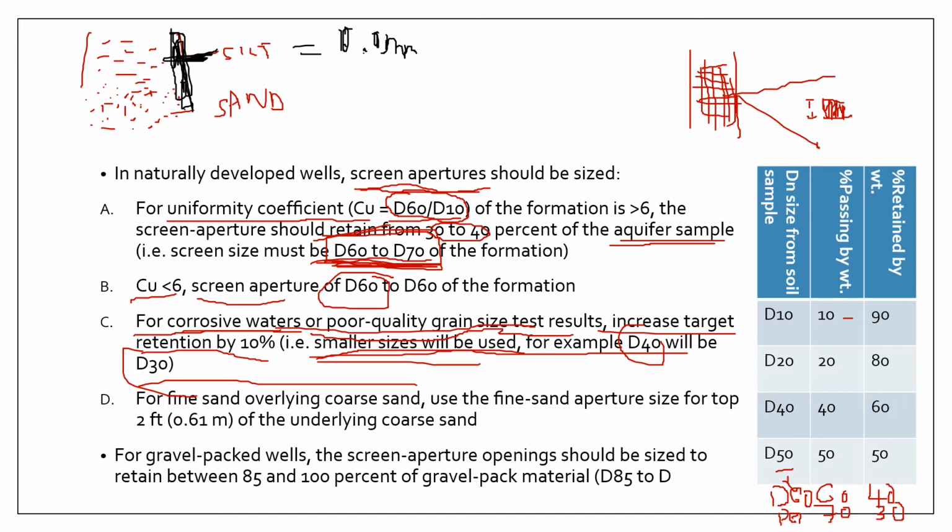Now, the reason for this is that if you use a bigger aperture in your sand, there is a possibility that the finer overlying materials can flow down and actually exit through your bigger apertures below. So you typically have to extend it down below.